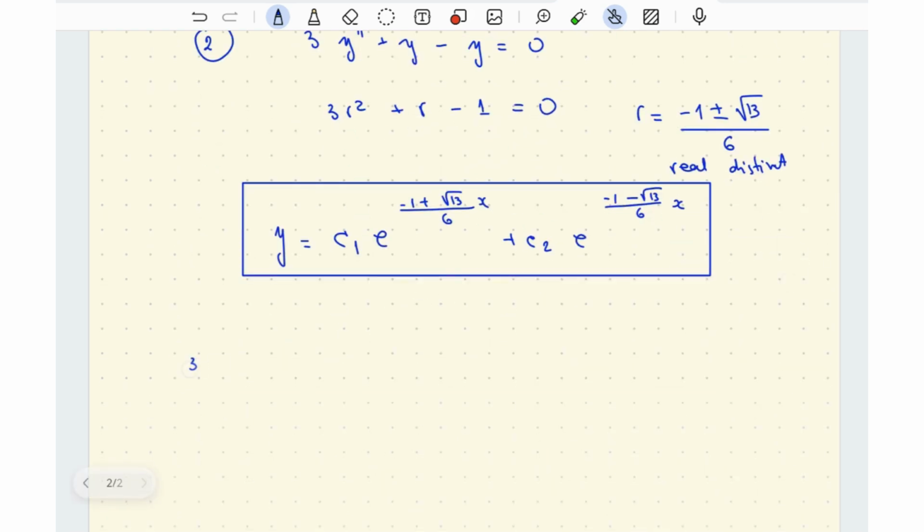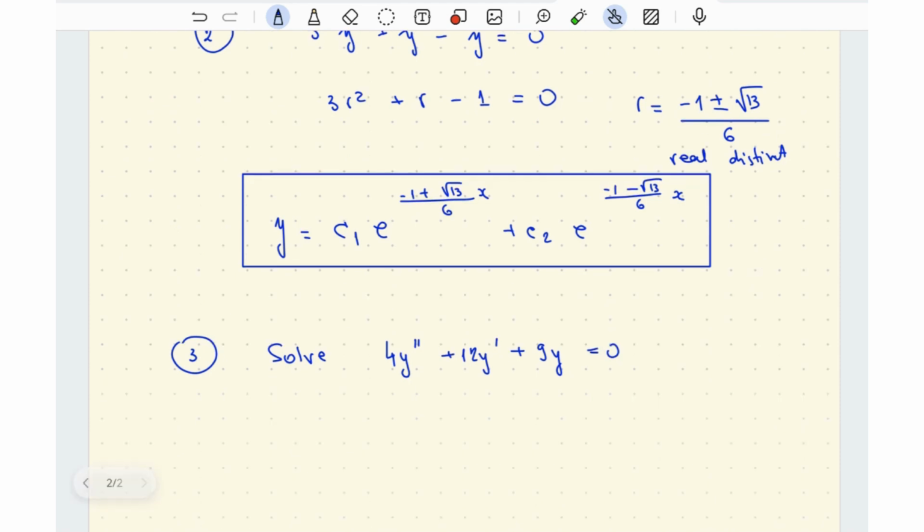Next example. Solve 4y'' + 12y' + 9y = 0. So, answer.